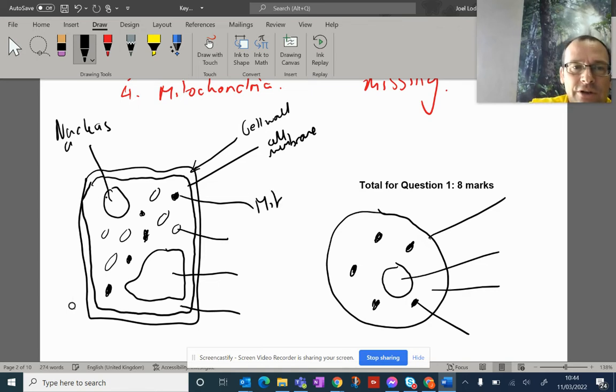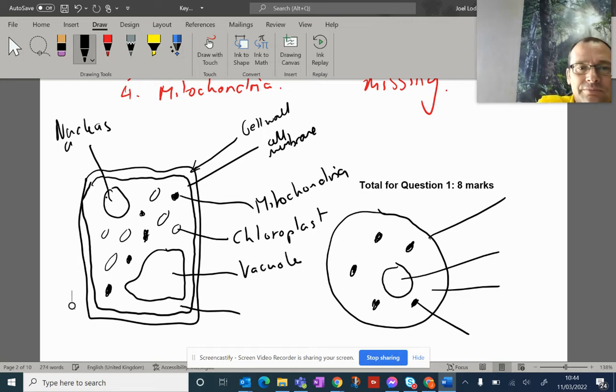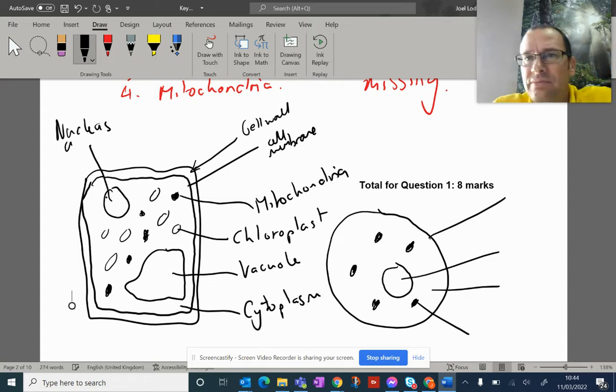This particular structure I labelled as mitochondria, chloroplast, vacuole, and then the cytoplasm, jelly-like stuff where all chemical reactions take place, or the metabolism takes place.